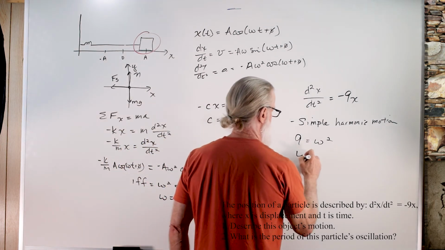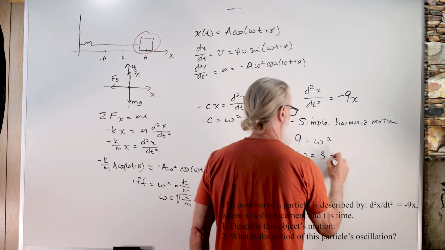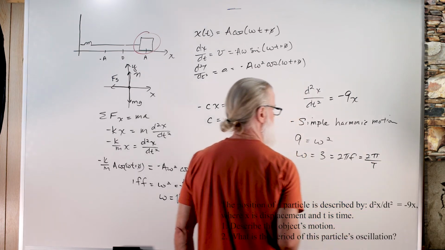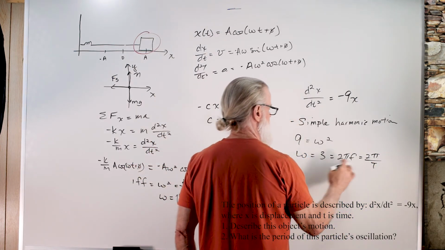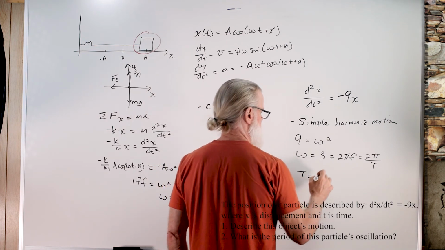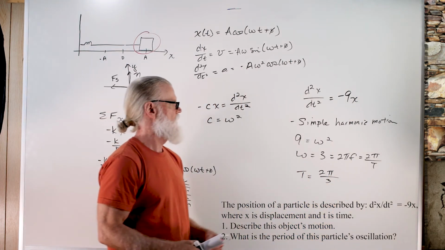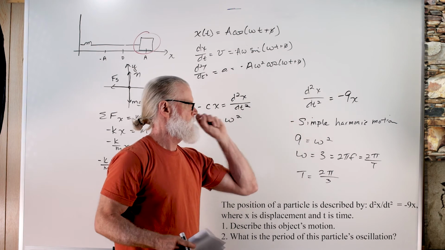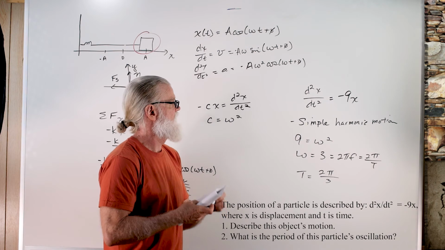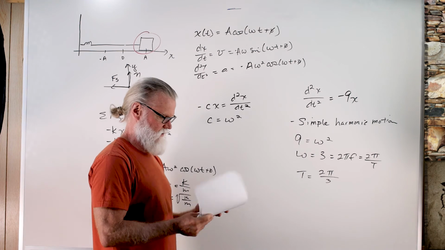So omega equals 3 in this case, equals 2 pi f equals 2 pi over the period. Omega equals that, 2 pi f or 2 pi over the period. So therefore, the period equals 2 pi over 3. So this is a simple harmonic oscillator with a period of 2 pi over 3. If it's in standard units, that would be in seconds. All right. So there you go.